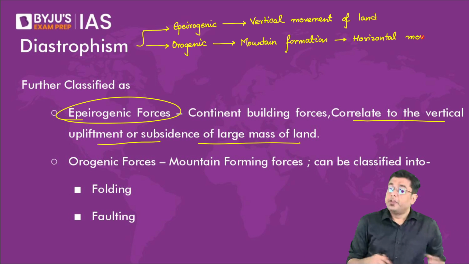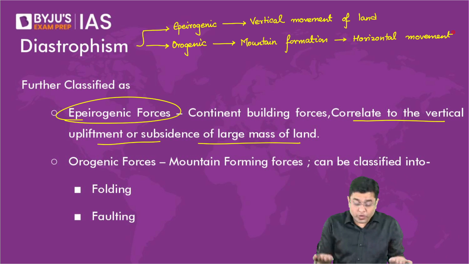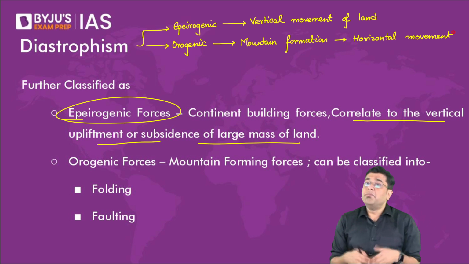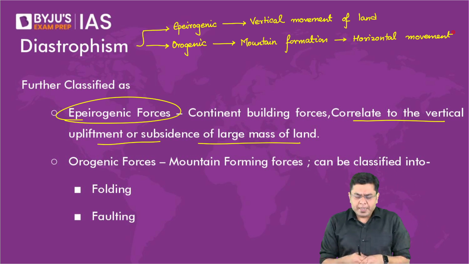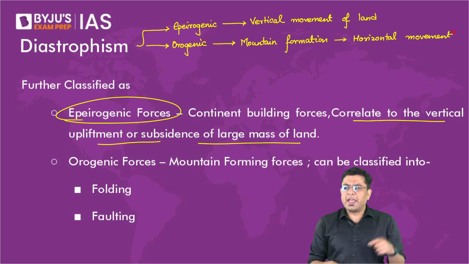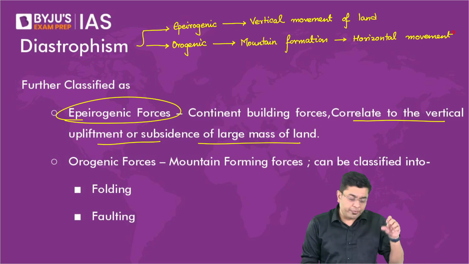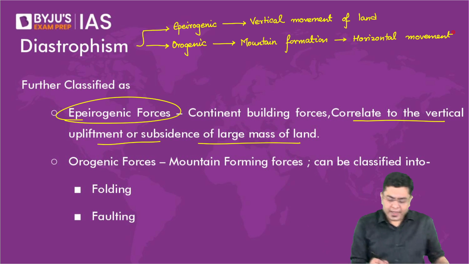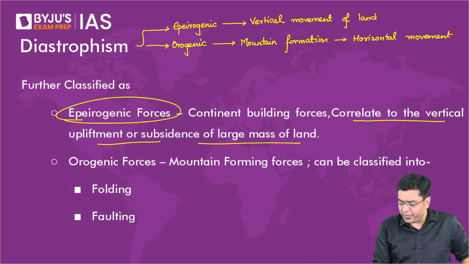Now, so epeirogenic is the endogenic force which leads to upliftment or subsidence of the landmass. And then orogenic is mountain forming forces. Now here, mountain building forces or orogenic forces can be classified into two types, folding and faulting. Both of them we have studied. Now, folding ends up creating fold mountains.